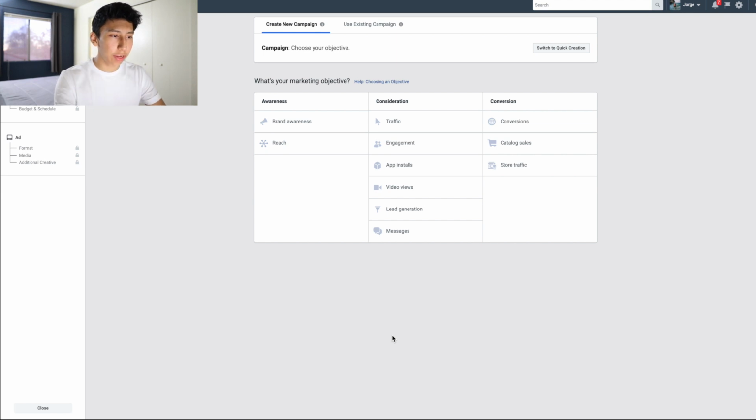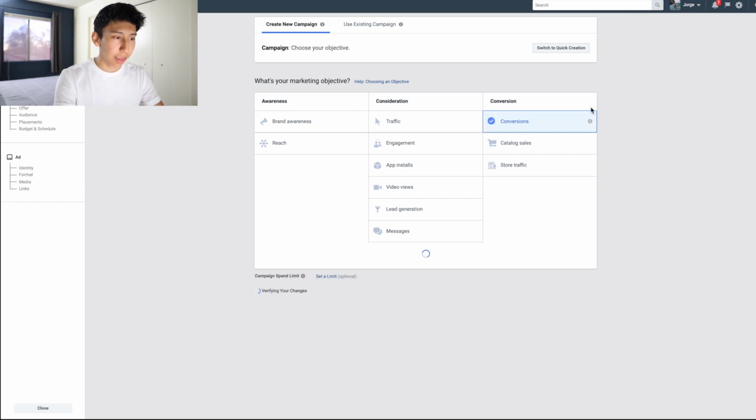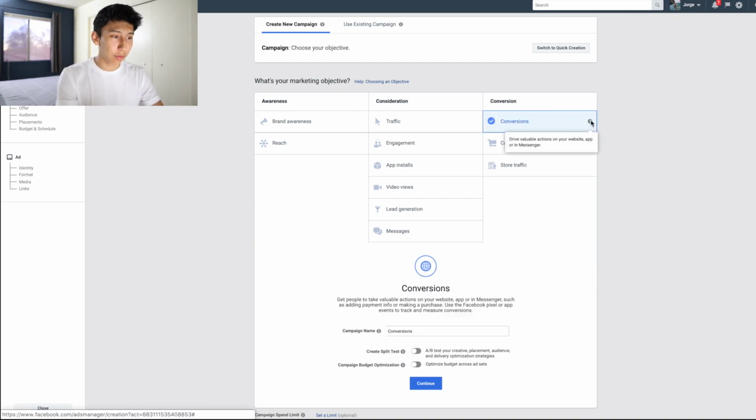So once you get here, we're gonna go to conversions. And all conversions means is this: drive valuable actions on your website, app, or messenger. And the valuable action that we're going to be going for is gonna be a purchase, right? The whole point of this is to get purchases. So that's exactly what we're going to do. So here we're gonna name the campaign.